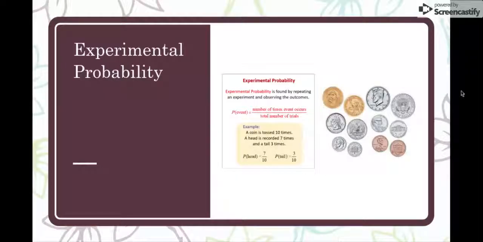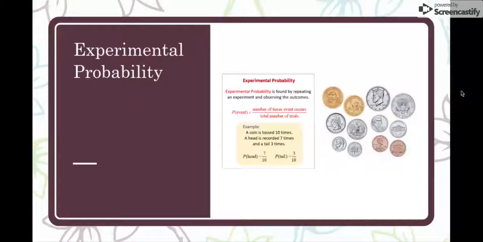Now I will explain experimental probability. Experimental probability is found by repeating an experiment and observing the outcomes. So it's the number of times an event occurs divided by the total number of your trials.